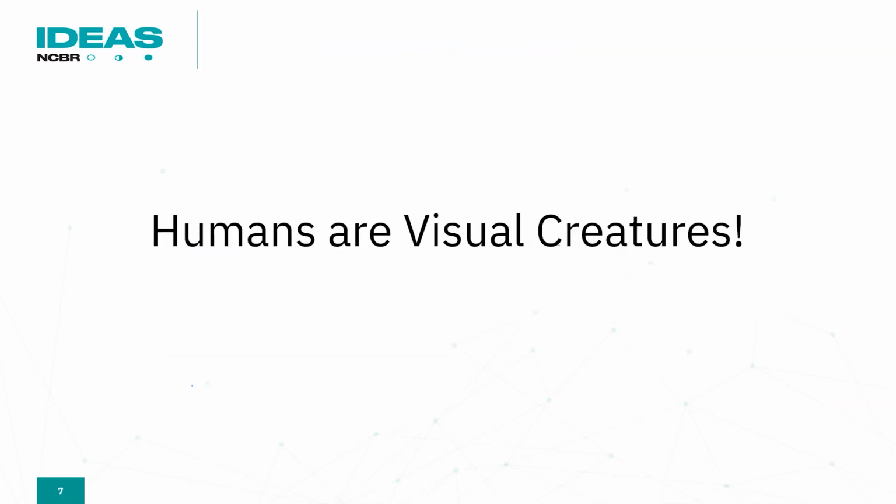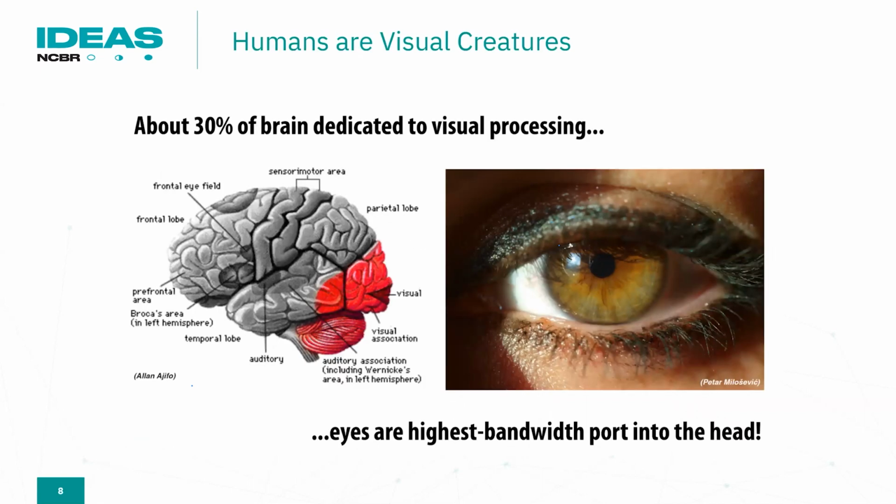Humans are very visual creatures, actually. If you ask why we need computer graphics, about 30% of the human brain is dedicated to visual processing. In other words, most information we take into our consideration, into our consciousness, goes through the eyes.